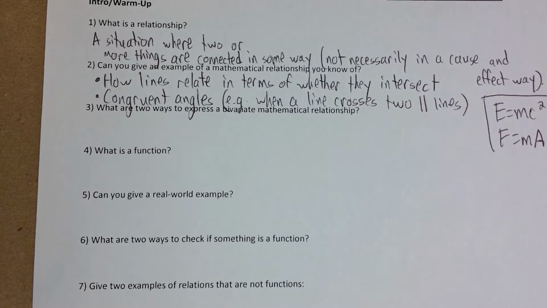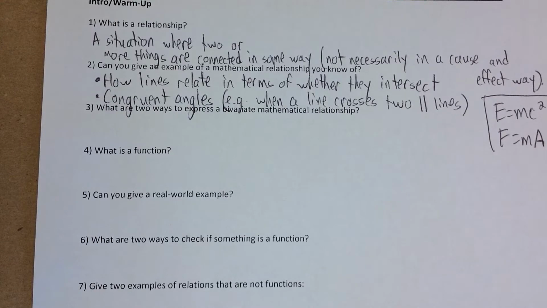Let's start with one way. I'll go to volunteers for this one. What's one way that you know of to express a bivariate mathematical relationship? Jordan. I don't know if this is right, but like a linear equation. Okay. So a line, a linear equation. I like how you use the word equation there.